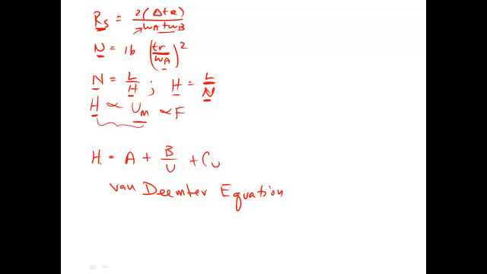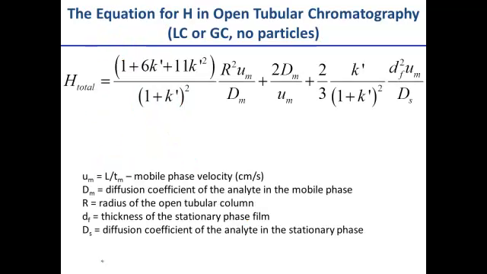So it gives us the relationship between the plate height and the mobile phase velocity using three terms. And so what we're going to look into now is what are the details lying behind each of these terms. How do we connect this equation and our understanding of what's physically going on inside the column?